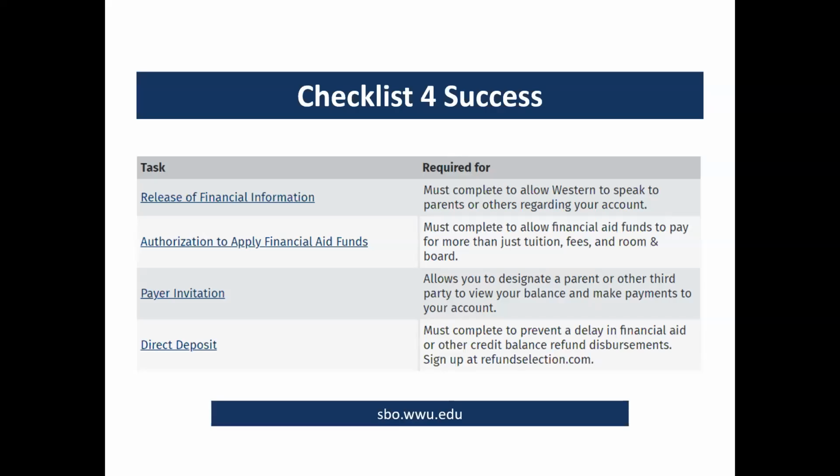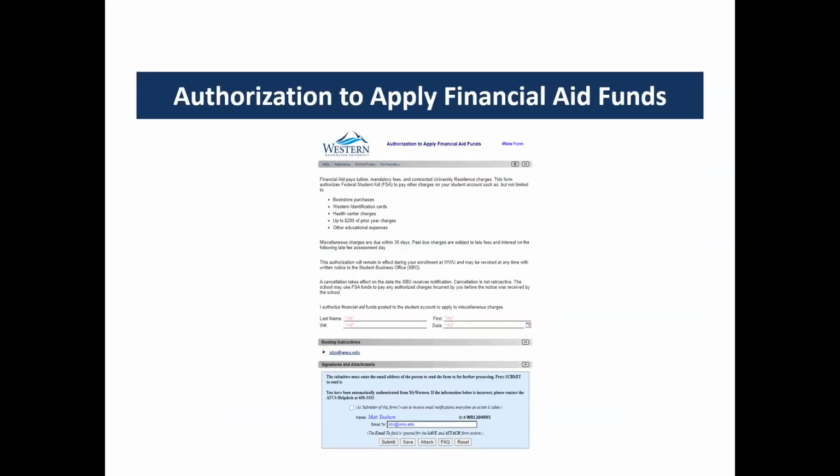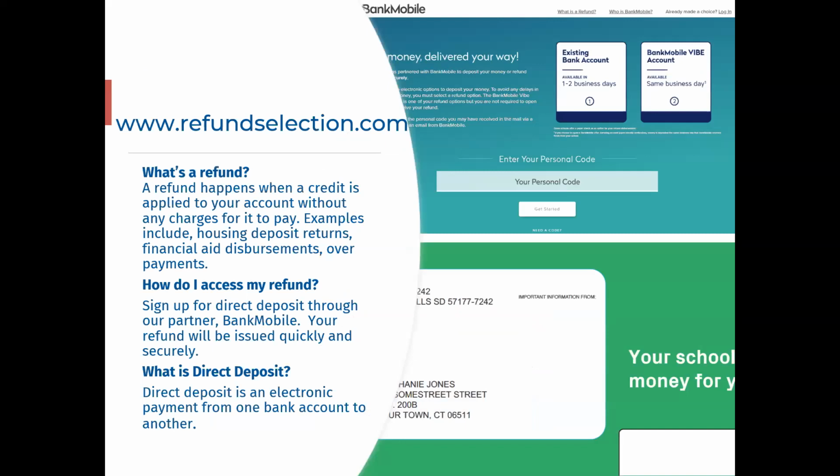Those of you that are staying in housing, let me just get back to my PowerPoint here. All right, so those of you that are staying in housing, I'm just going to give you an example of a refund. So you're staying in housing, you paid a $200 deposit, damage deposit, you more than likely will get that deposit back when you move out of campus housing.